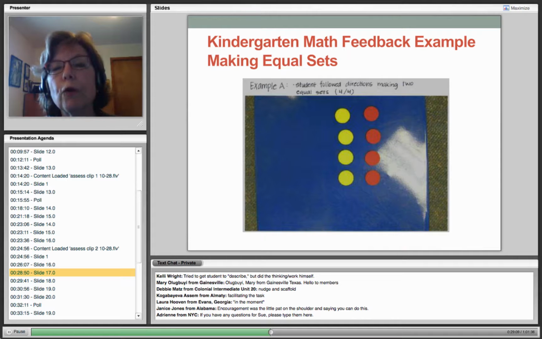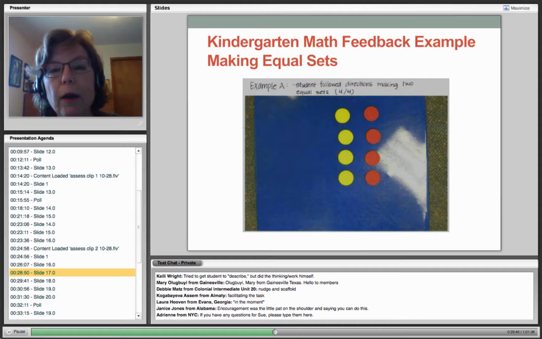And the look-fors, the criteria, were that the sets were supposed to be lined up so that a one-to-one comparison was possible. So here is a successful student who made a set of 4 yellows and made a set of reds, with a one-to-one comparison there. So that is actually what the teacher was going for.